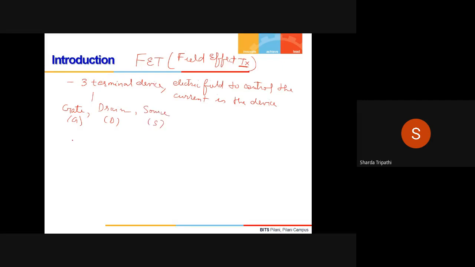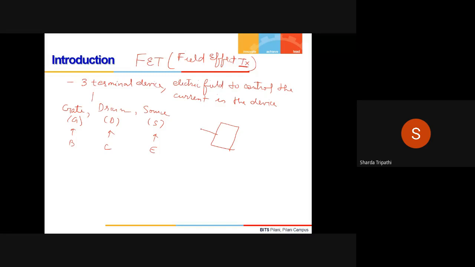So if you compare this with respect to BJT, then a gate is analogous to the base, the drain is analogous to the collector, and the source is analogous to an emitter. So if I have to talk about the very basic working of the FET without going into much detail, then I can explain it with the help of a very simple diagram.